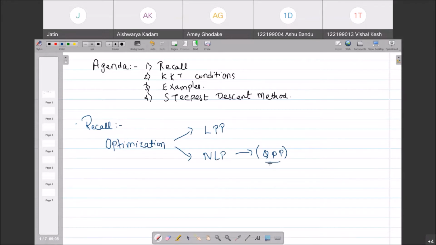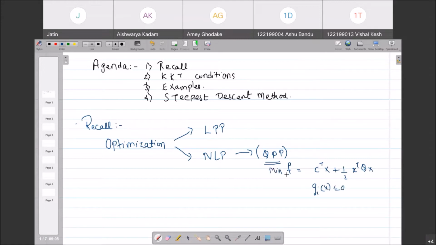In that case, we have seen a particular type of problem, the quadratic programming problem, because this comes up a lot in the practical world. A problem is said to be a QPP if the objective function f can be written in the form c transpose x plus half x transpose Qx, subject to the constraints gi of x, where the gi's are linear.